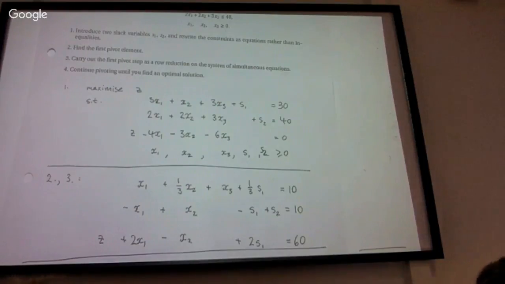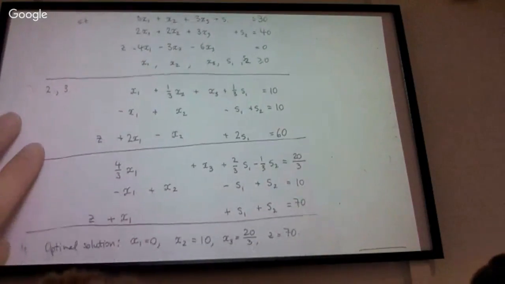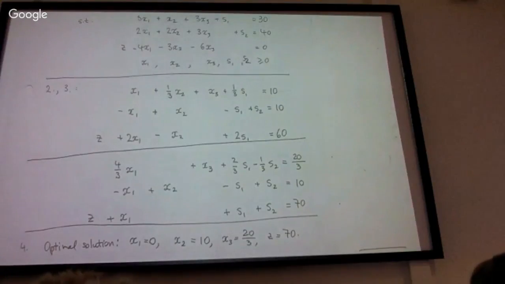Then again, you look for a negative coefficient in the z row, in the objective equation, and you find -1 here, so you need another pivot. It turns out that it's this x2, so the last system of equations looks like this.